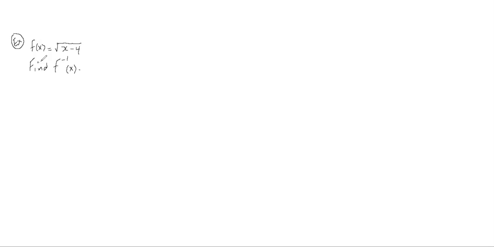Okay, so can you help me with this one? What are the steps? What would you do? So first, you would write y is equal to the square root of x minus 4. Very good. Then you would switch the y and the x. And then you would solve for y.